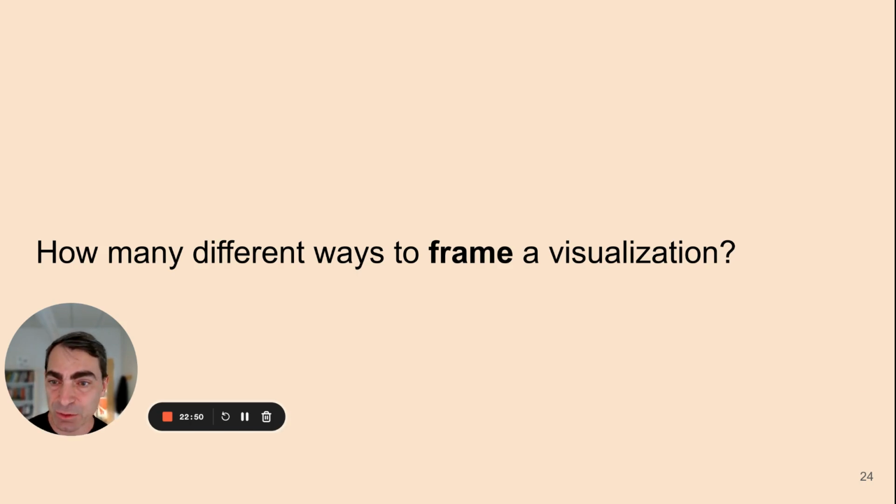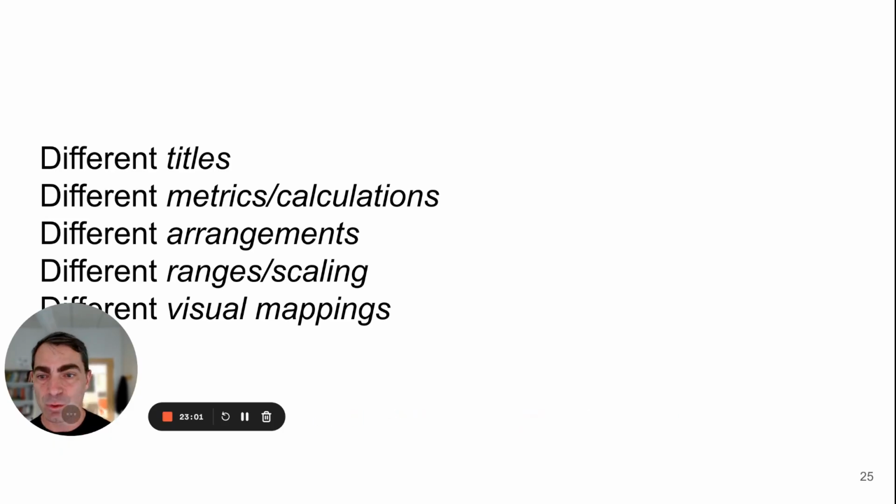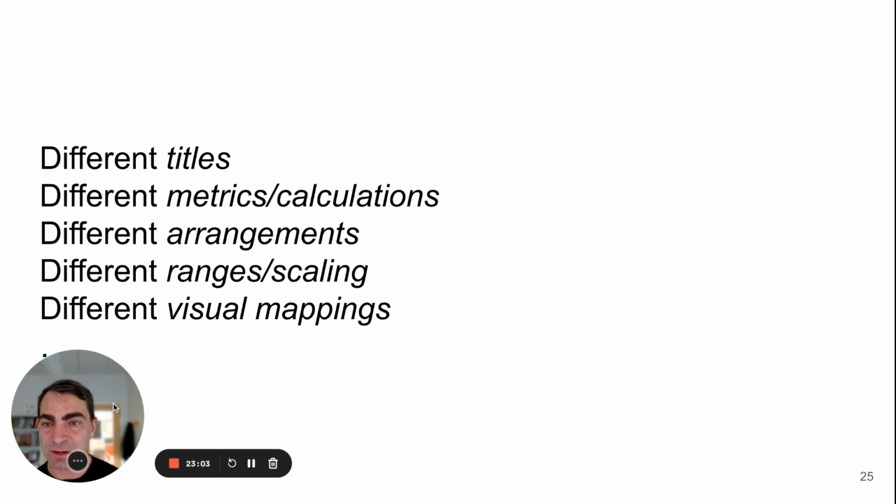So I went through quite a few examples, and you might ask how many different ways there are to frame a visualization, because we have seen quite a few. Well, let's try to summarize what we have seen so far. We have seen different framing coming from using different titles and different highlighting preferences, right?